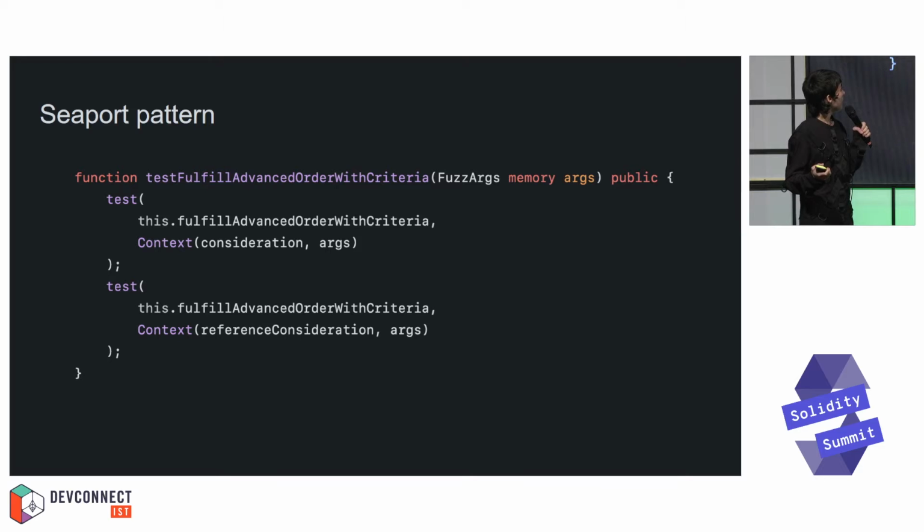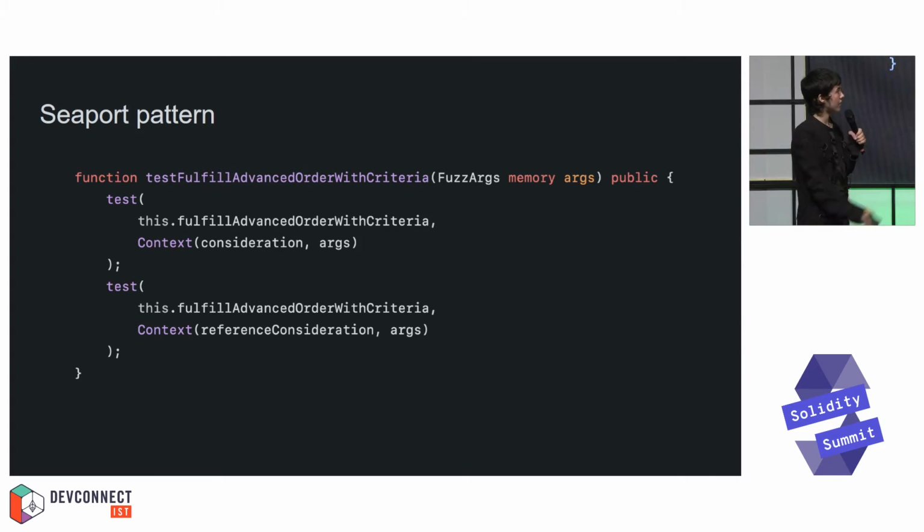So basically they've written their test function. Here it's this.fulfillAdvancedOrderWithCriteria. And that test function looks basically like a normal Foundry test. It has a lot of setup during it, different calls to the target contract, assertions, etc. And what they're doing here is they're just calling that same test function and providing two different target contracts as the context.